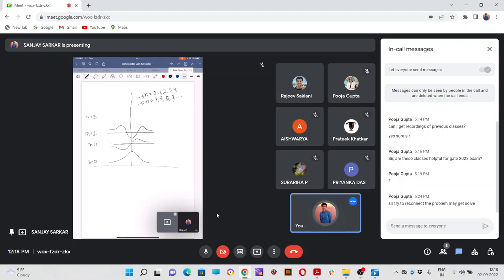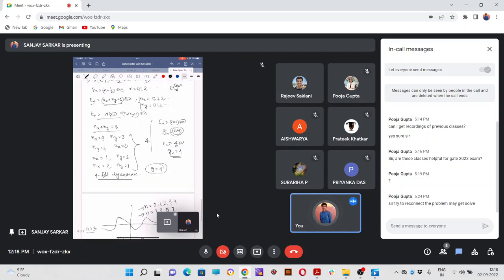For n equal to 3, the wave function is like this. So from the wave function you can also see that for n equal to 0, this is even with respect to x equal to 0. This is odd parity. This is again even. So from the picture you can also see that for the half harmonic oscillator, that is for n equal to 1, n equal to 3, all the wave functions are odd with respect to x equal to 0.